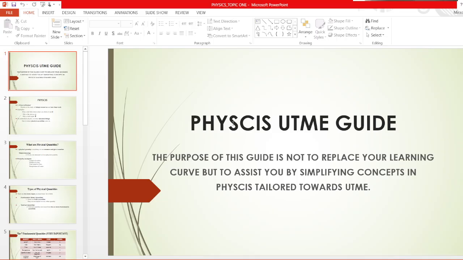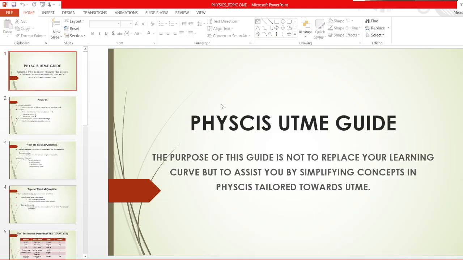The purpose of this class is not necessarily to replace the learning curve, but to assist you by simplifying concepts in physics tailored towards UTME, meaning that we are going to actually be discussing and simplifying the core UTME syllabus according to physics.